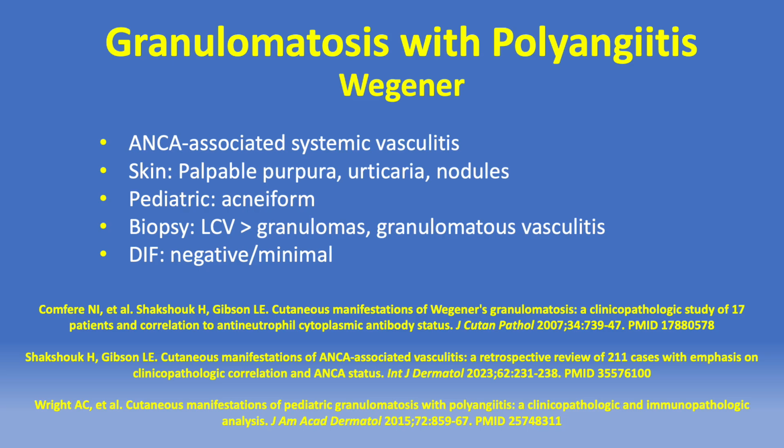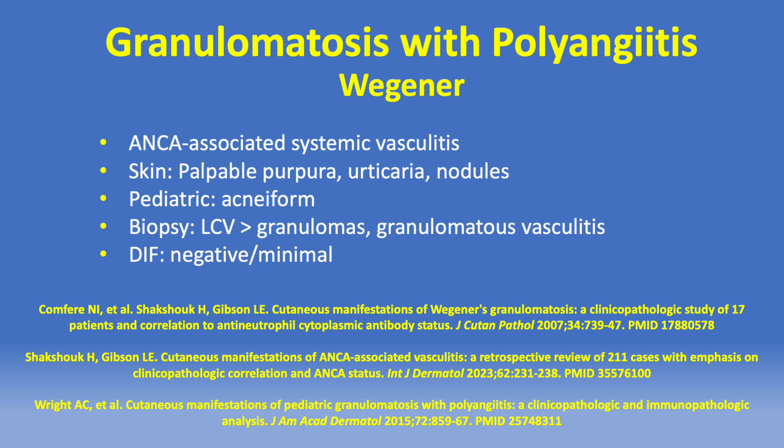Granulomatosis with polyangiitis, GPA, is another ANCA-associated systemic vasculitis with variable cutaneous and corresponding histopathologic findings. As with EGPA, small vessel LCV is the most common manifestation, although the full histopathologic spectrum includes vasculitis of larger, medium-sized veins and arteries, including granulomatous vasculitis.